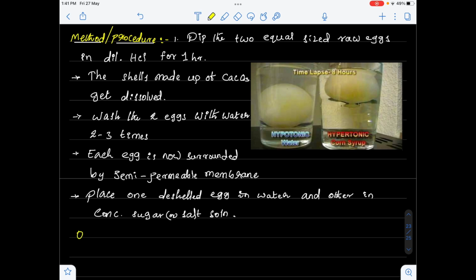Now let us see the observation. The egg placed in water swells up because of endosmosis.